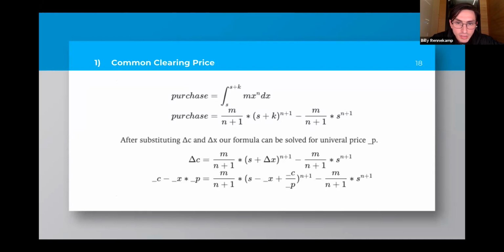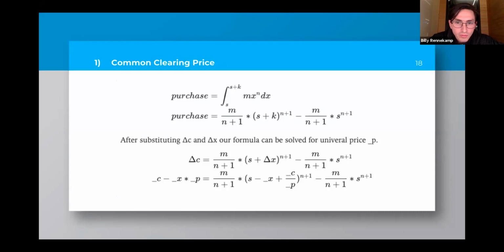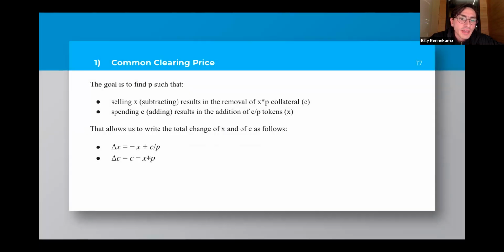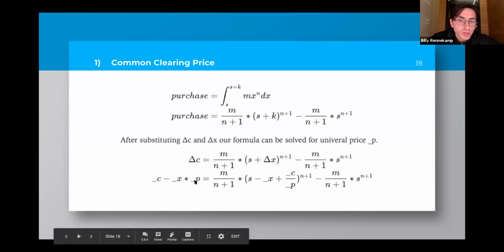I think some of these might have been borrowed from Slava's last article, which is great if you haven't seen it already. So you can substitute these delta C and delta K into this integral, and you're actually able to get a formula which reveals this universal price. I'm calling it underscore price here.